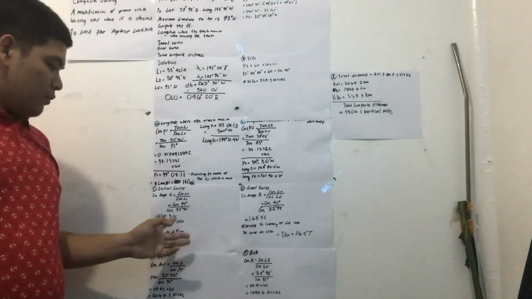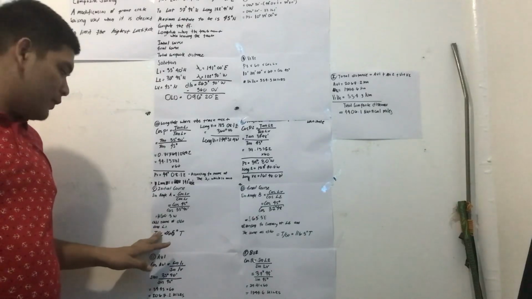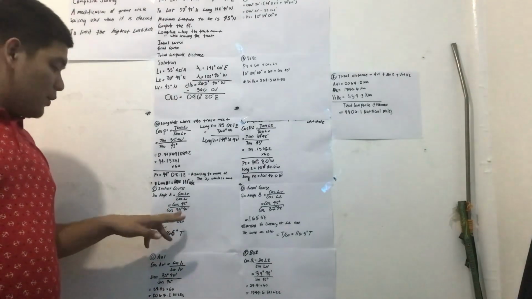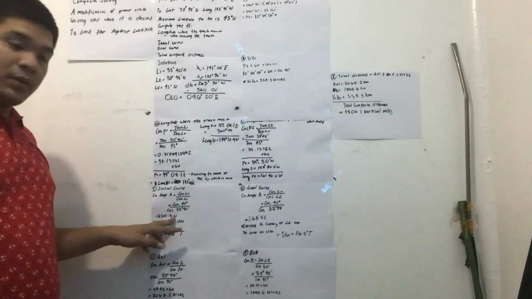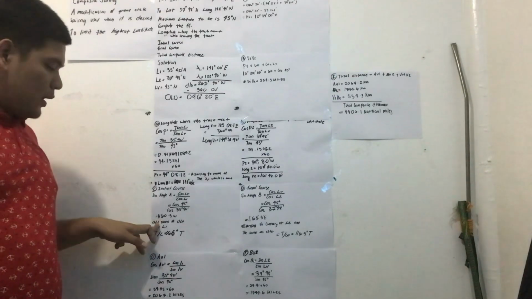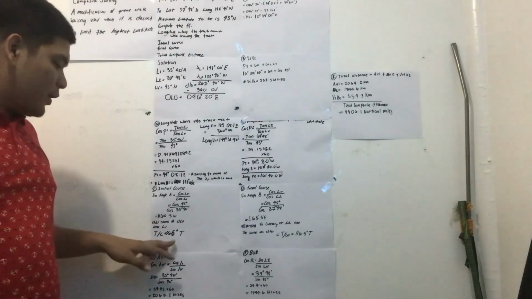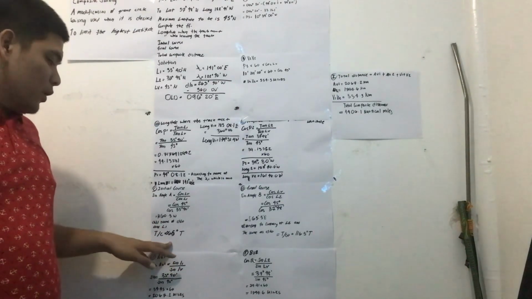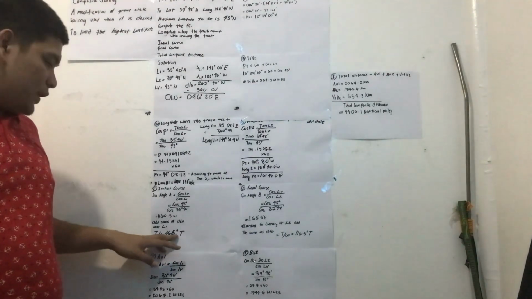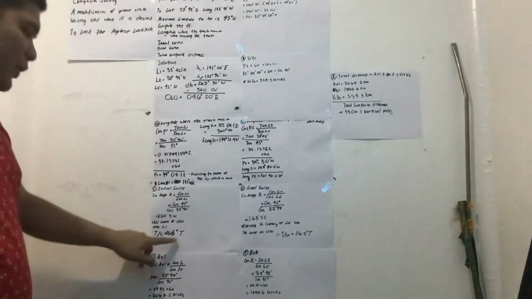So what you'll get here is 60.5. Then you name it by the name of the DLO, which is west, and L1, which is north. So you get N 60.5 W, and you have to convert it to a true course.